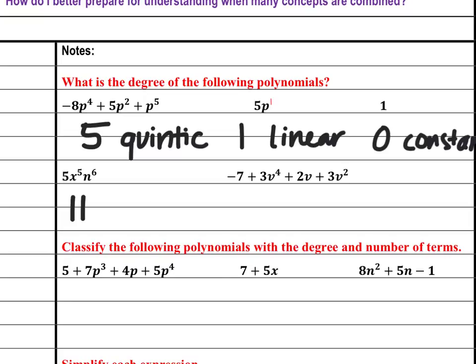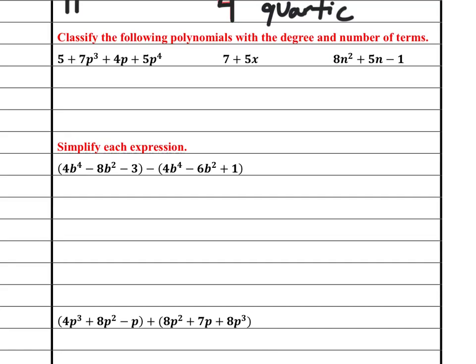Okay, and then the last one, how about Stevie? Yes, and do you remember the fancy name for that? Yeah, quartic. Oh, how about Ben for the first one? It's polynomial and it's quartic.